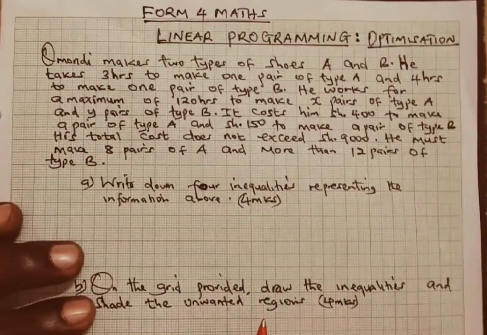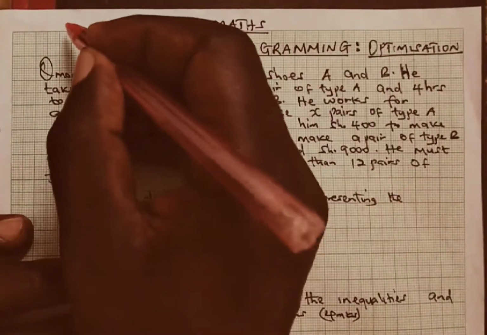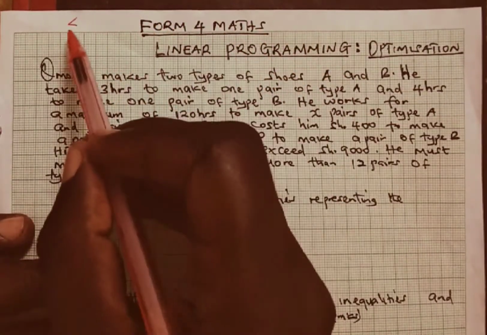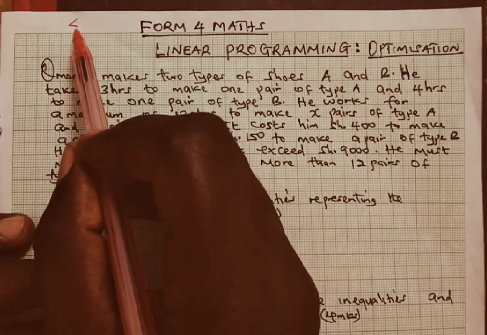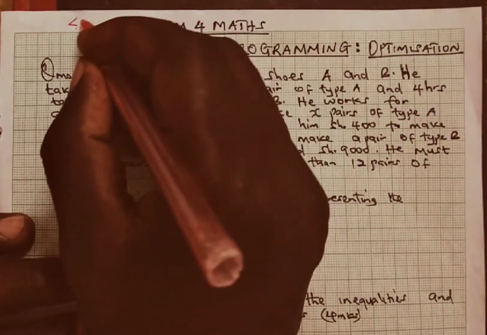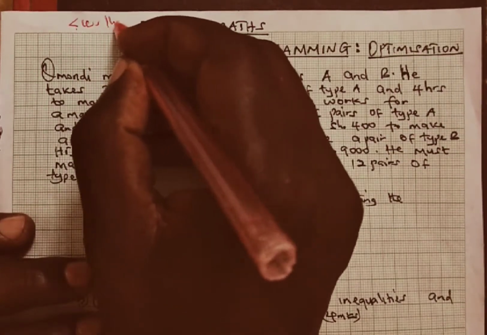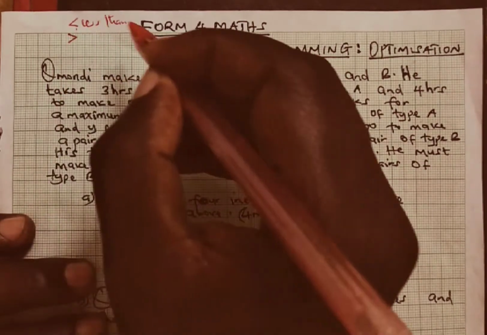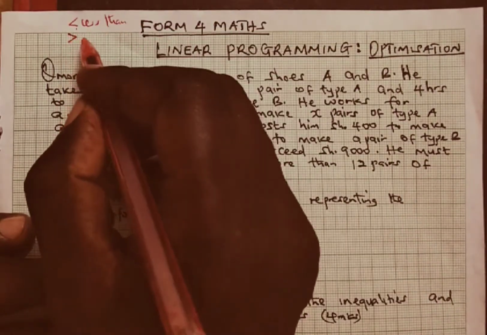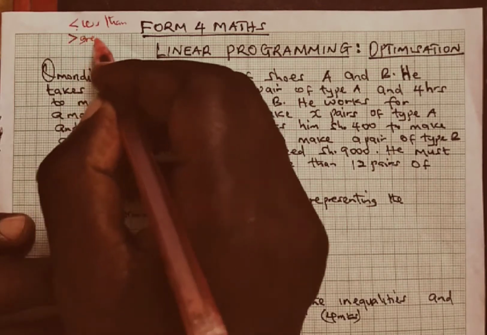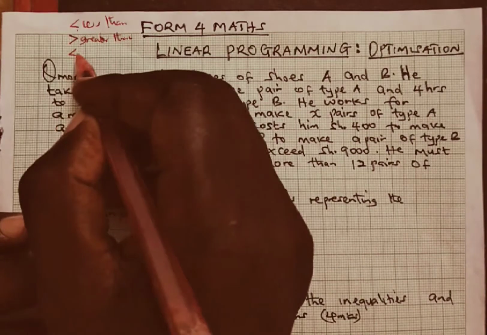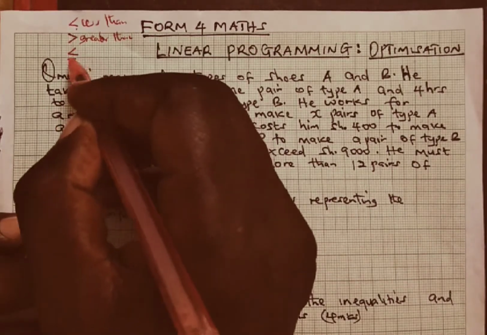inequality symbols, where we said if you get an inequality symbol that looks like this one, it means less than. We also talked about another inequality which means greater than. Another inequality we talked about is less or equal to.